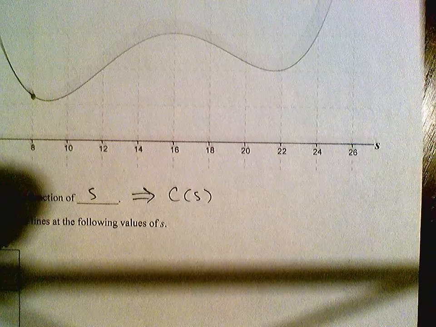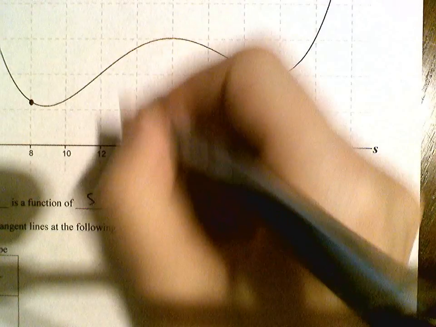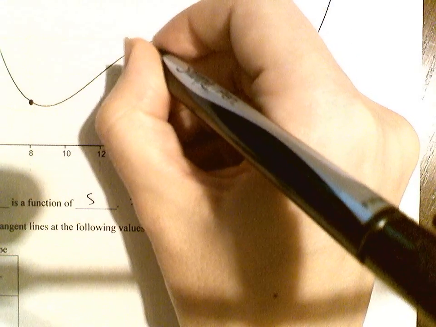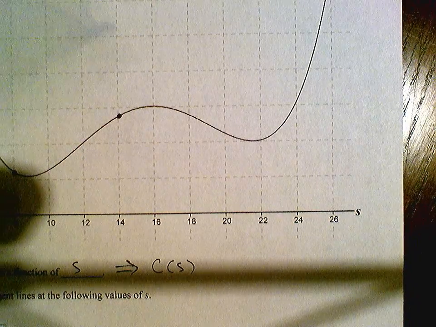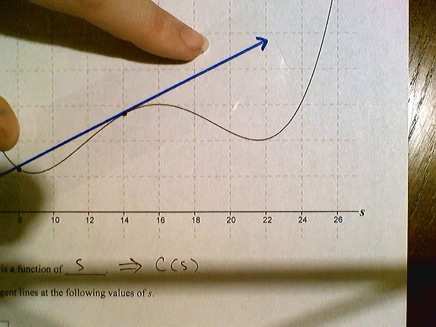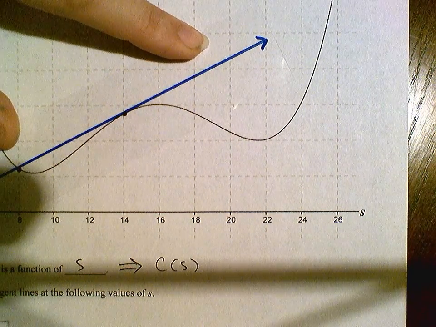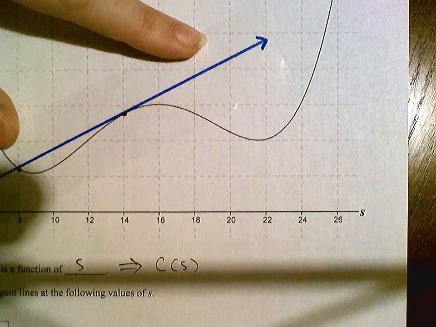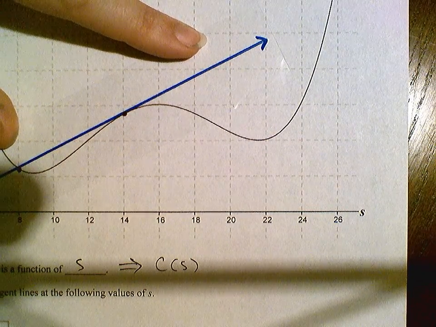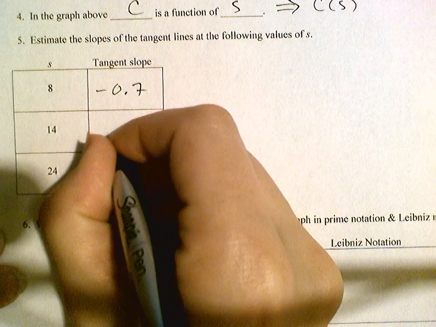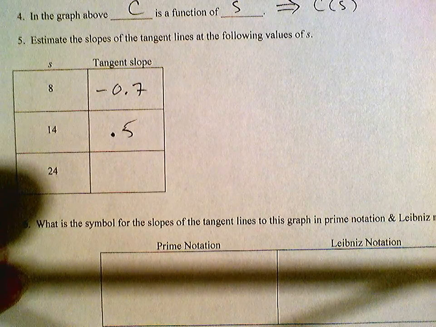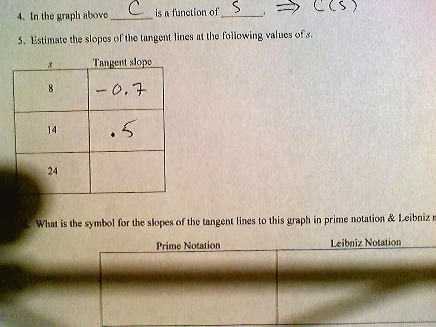Okay, but I'll just speed things up. And then at 14, I find 14, go up to the graph, take my transparency. All right, something like that. Okay, and last night I got 2 over 4, so I got 0.5 for that one. It's an increasing tangent line, so it would be positive.